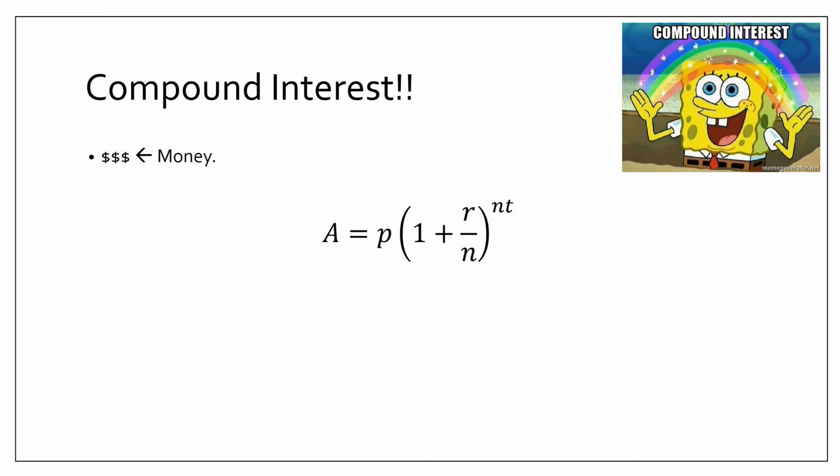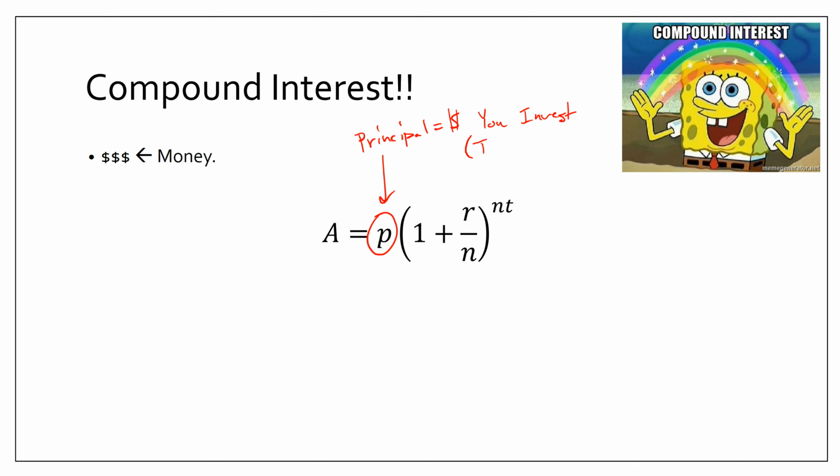Compound interest is in relation to this formula. I just need to explain what the variables are. So first of all, P. This is the principal, and I'm pretty sure you spell it this way. It could be the other way, but anyway, the principal is the stuff you put in at the beginning. So it's the money you invest at the beginning, the initial amount of money that you put in.